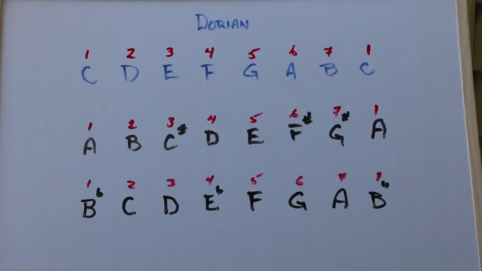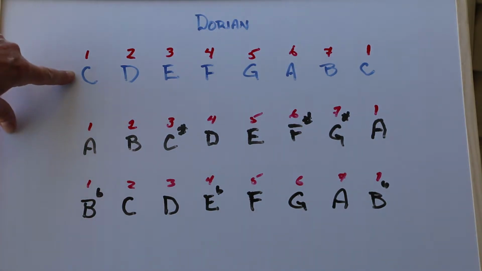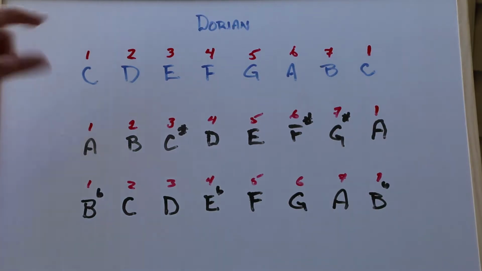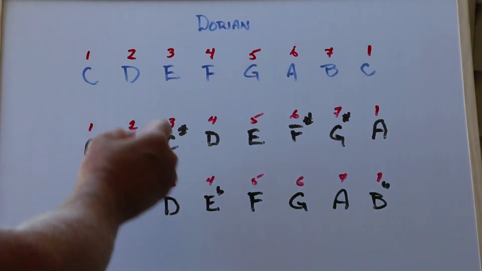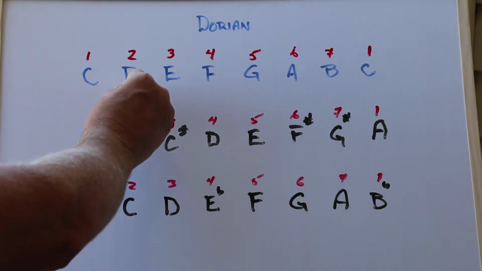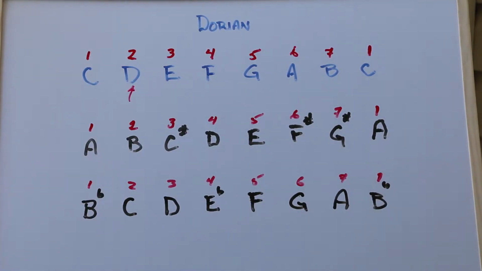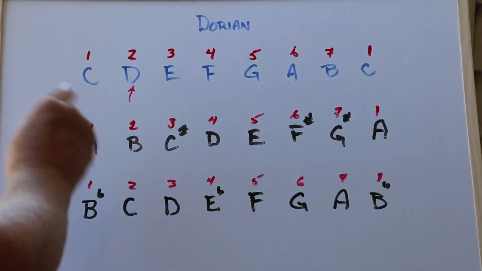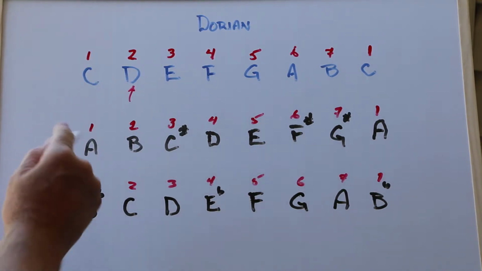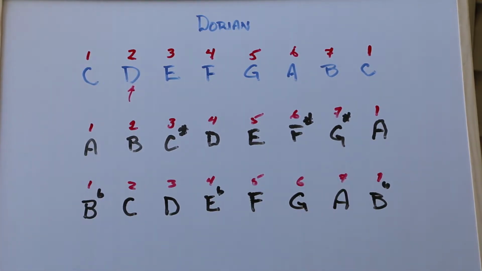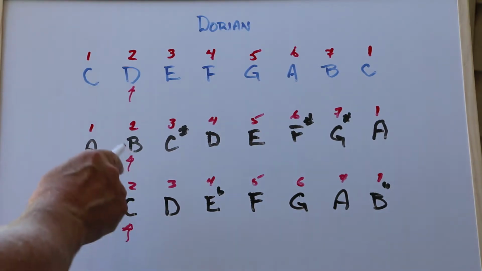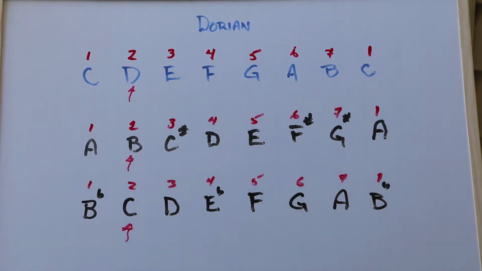It's very easy. Okay, so if you're in C, all you've got to do to play in the Dorian scale is to make the D home. So if you're in D Dorian, you're actually in C. So C Dorian, B Dorian, D Dorian.